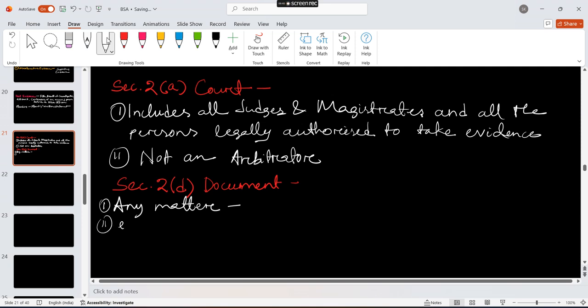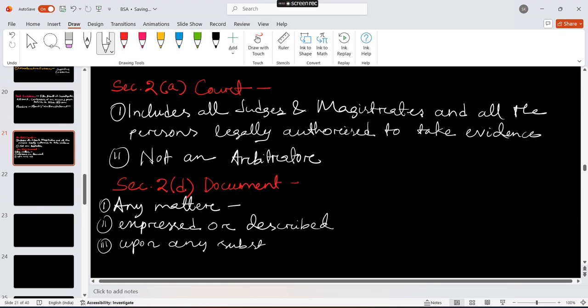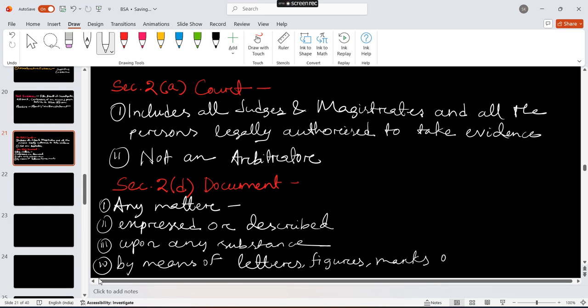Second, expressed or described upon any substance, by means of letters, figures, marks, or by more than one of those means.